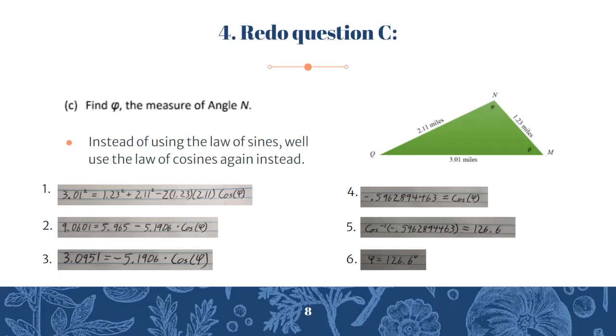And we end up getting 3.01 squared equals 1.23 squared plus 2.11 squared minus 2 times 1.23 times 2.11 times cos of phi. Once we go through all of the steps, then we end up getting 126.6 degrees is equal to phi.